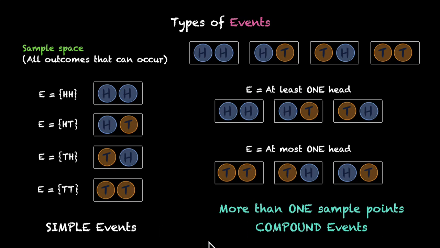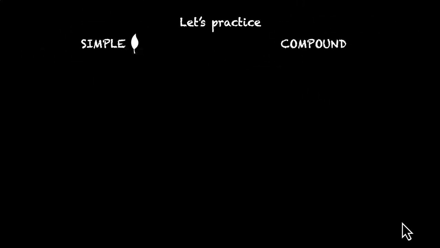Alright, to understand this definition better, let's solve a few examples. Let's practice. I'm going to list down a number of events and you're going to tell me which of them are simple and which of them are compound. Alright, so these are the events. When I throw a die, this is what I get. The first event is an even number.